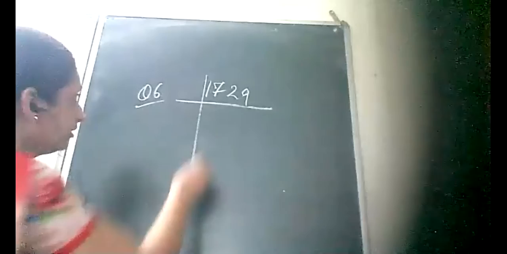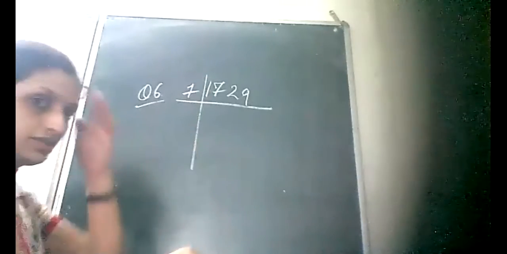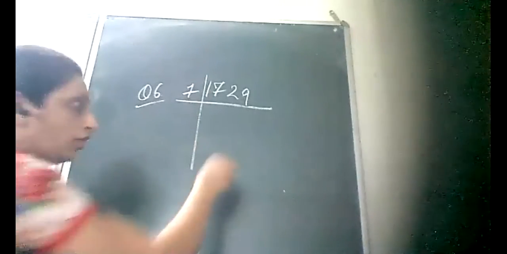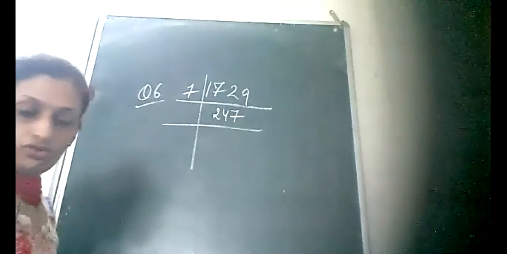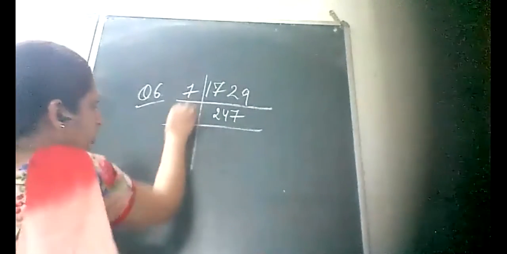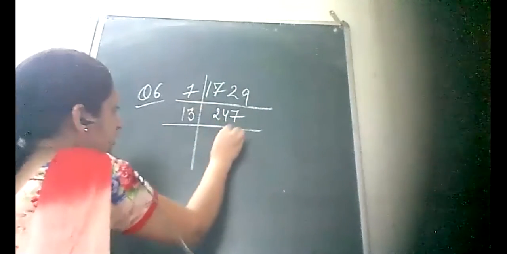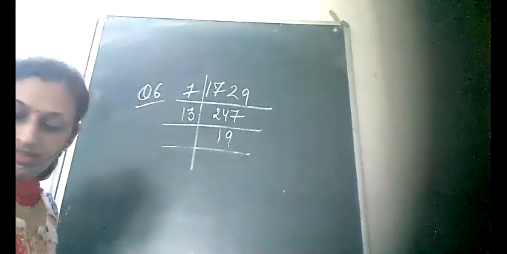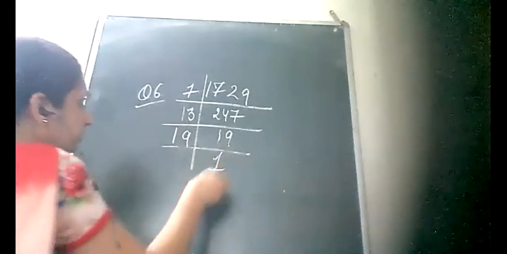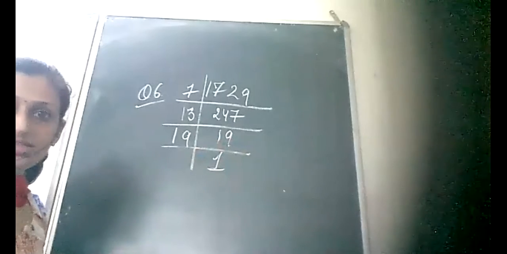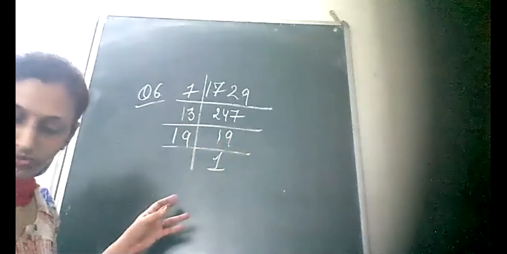It will go in the table of 7. 7 times 247 is 1729. Then it will go in the table of 13. 13 times 19 is 247. Then it will go in the table of 19. 19 ones are 19. This is the prime factorization of 1729.